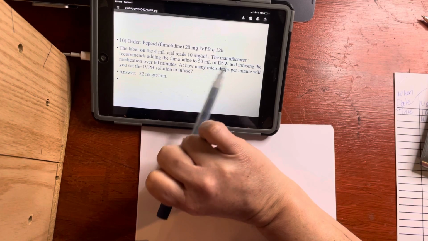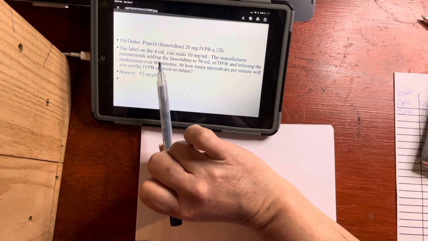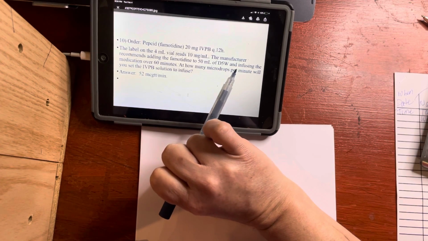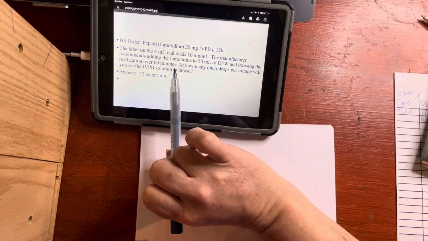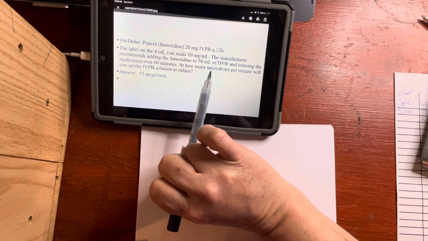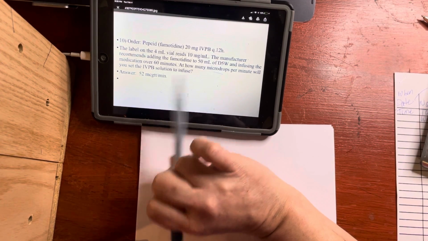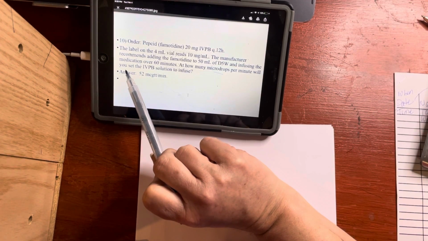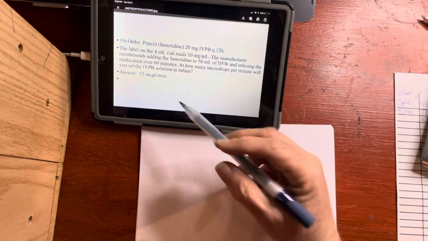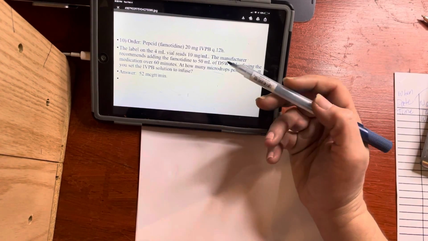And then the manufacturer recommends that you add the famotidine to a 50 milliliter bag of D5W and infuse it over 60 minutes. And then they want to know how many micro drips per minute will you set that IV tubing. And look, there's the answer. But look, if you can't come up with it, don't matter.